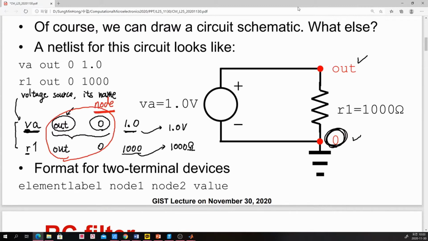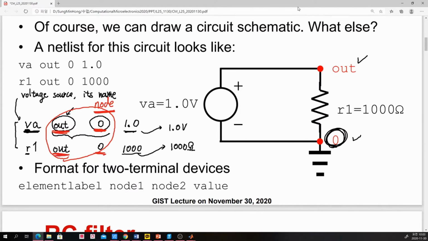Then maybe you can ask me a certain question. Okay, professor, now we have this kind of description, but out or 0, how can you recognize that is a node? How can you understand they are nodes, and how can you distinguish them? Since they have different characters, out and 0, we can say out and 0 are different nodes.